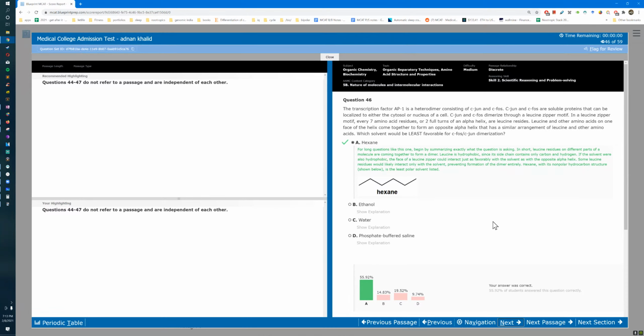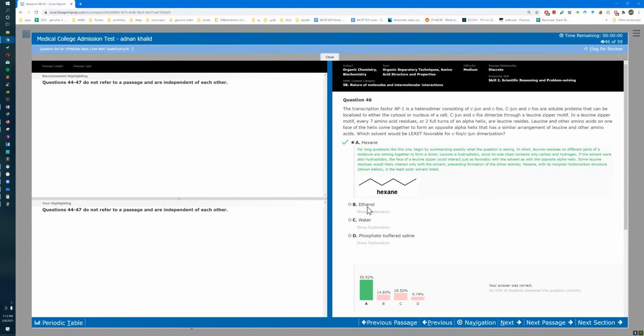So this one was a lot of stuff to read, which obviously I don't like to do. All I looked at was which solvent would be least favorable for C-Fos and C-Jun. Then I look over here, and I see that C-Jun and C-Fos are soluble in the cytosol or nucleus, aka water soluble. So water is polar, so water won't be it.